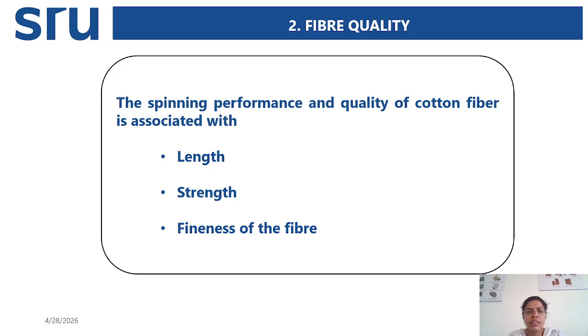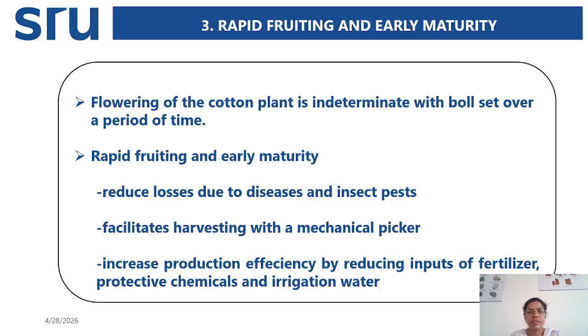So these are the three characters associated with fiber quality: length, strength, and fineness of the fiber. In cotton, the fineness of the fiber is measured by the micronaire instrument. Length should be more, strength should be more, and the fineness should be good. Then only the cotton fiber will be considered a good quality fiber.